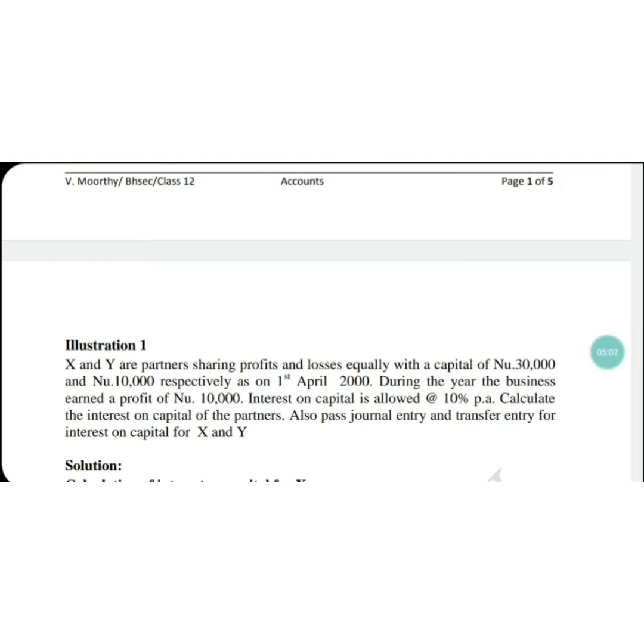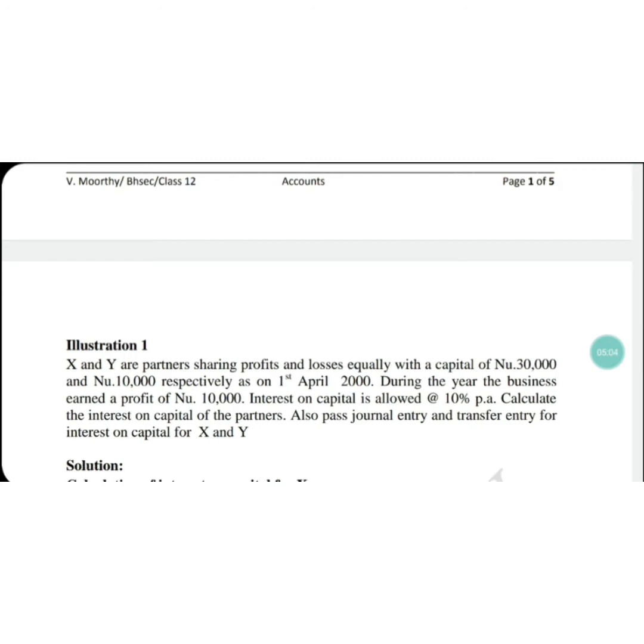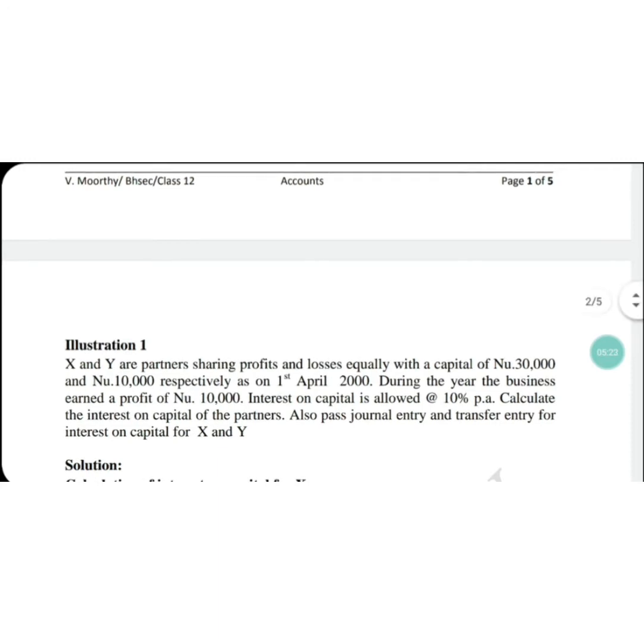It means 1st April 2000 to 31st March 2001. During the year, the business earned a profit of 10,000. Nothing to do with this profit while calculating the interest on capital. Interest on capital is allowed at the rate of 10% per annum. The rate of interest on the capital which is allowed by the business is 10% per annum.